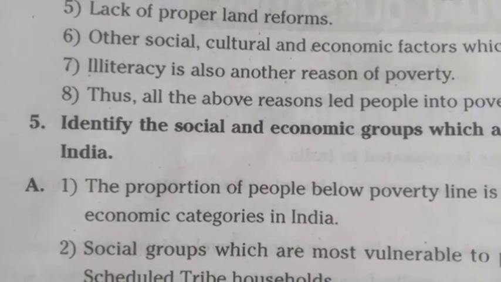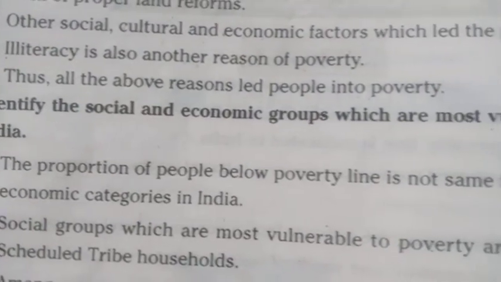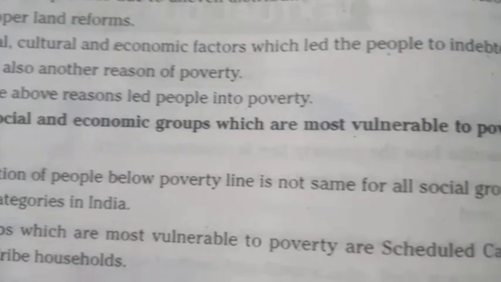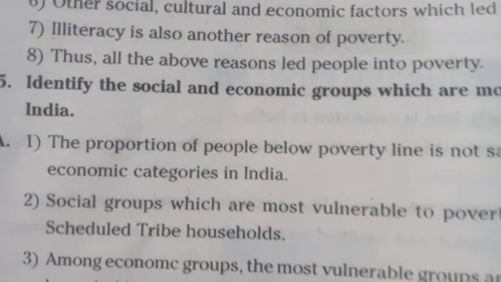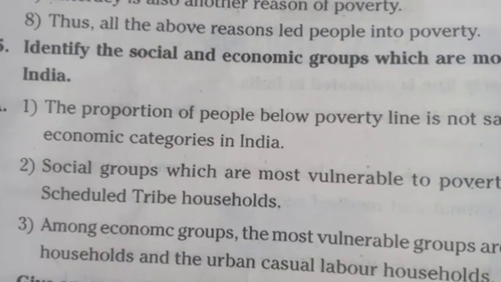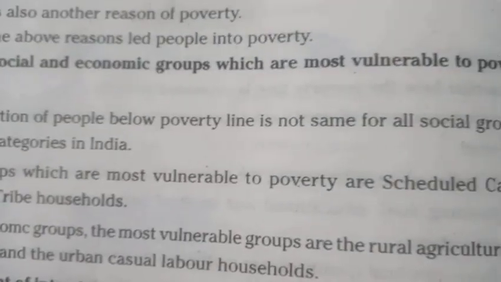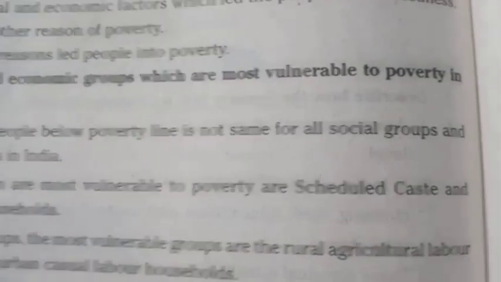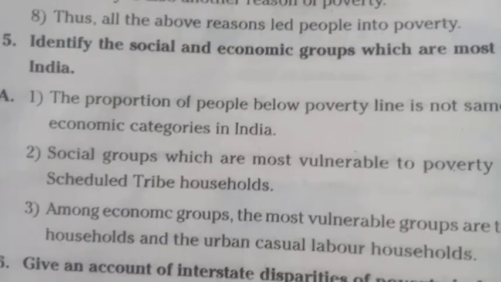Answer. First point, the proportion of people below the poverty line is not the same for all social groups and economic categories in India. Second point, social groups which are most vulnerable to poverty are Scheduled Caste and Scheduled Tribe households.